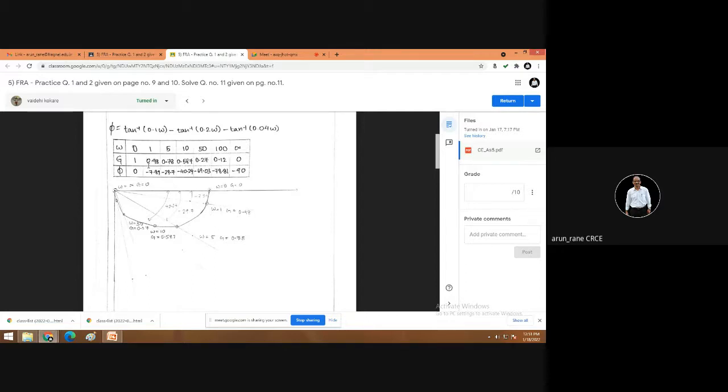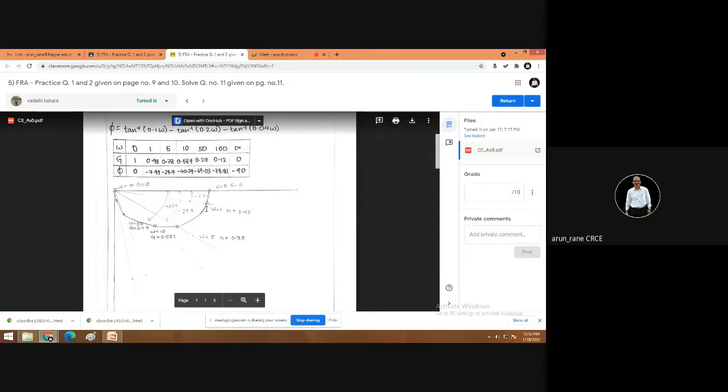Now next is G 0.98. Obviously it will lie inside this point. You have already taken a suitable scale, so mark this point 0.98. Here you write: this is G is equal to 1, omega is 0 and phi is 0.